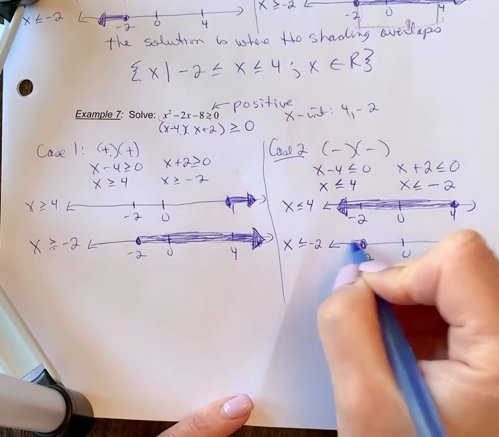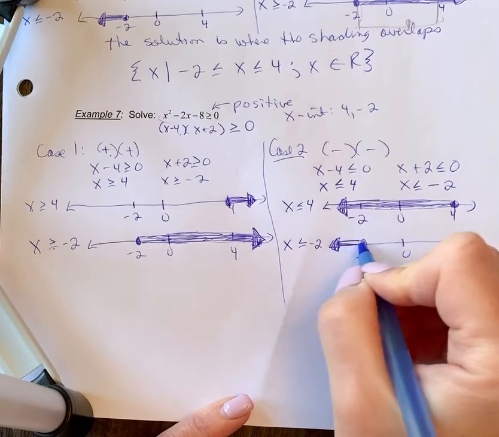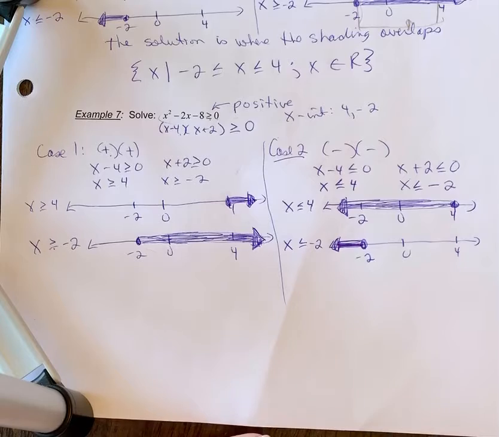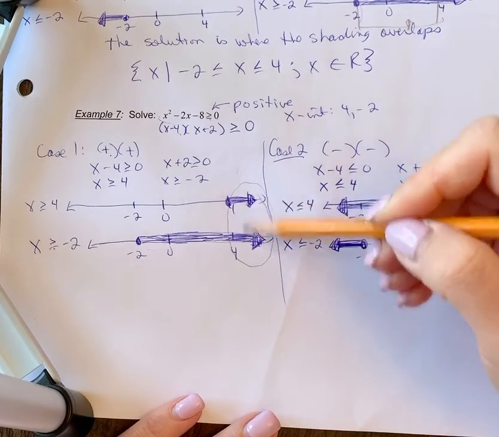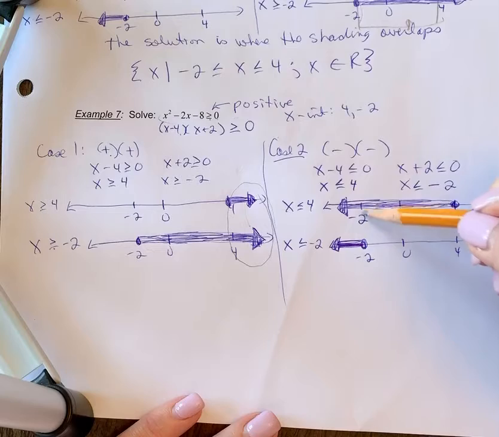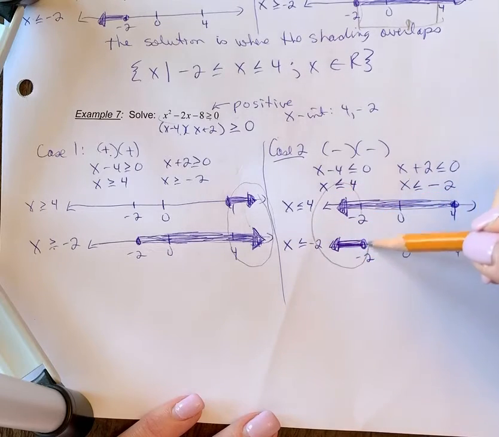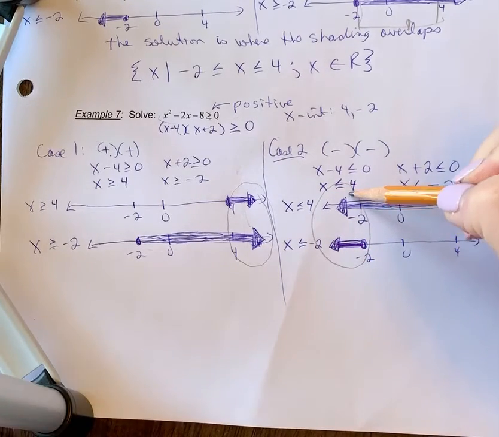Less than negative 2 is over here. So again, your solution is where it overlaps. In this situation, the overlap occurs in case 1 here, where both number lines are shaded, and it occurs in case 2 right here. So that's where your overlap occurs.